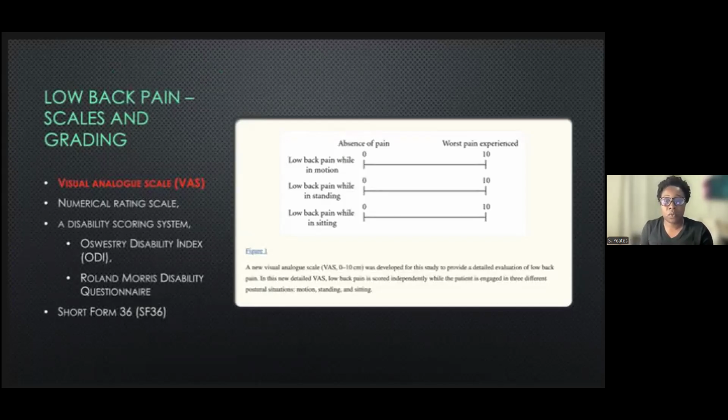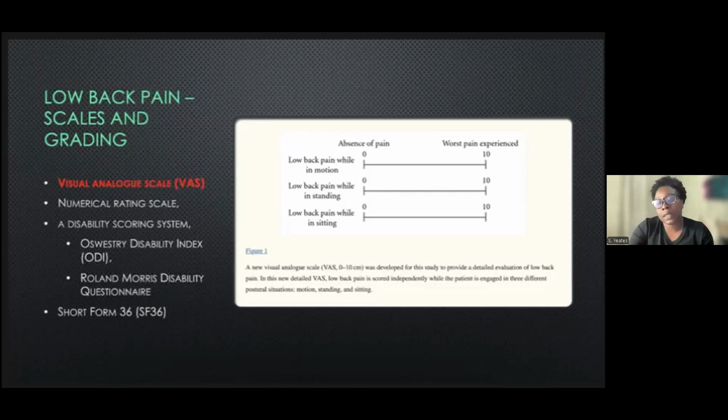The intensity of low back pain is usually evaluated by a visual analog scale or VAS, a numerical rating scale, or a disability scoring system such as the Oswestry Disability Index or ODI, the Roland Morris Disability Questionnaire, and the short form 36. However, the use of these established rating systems does not fully evaluate the characteristics of low back pain. So the first one I'll talk about is the visual analog scale, or the VAS.